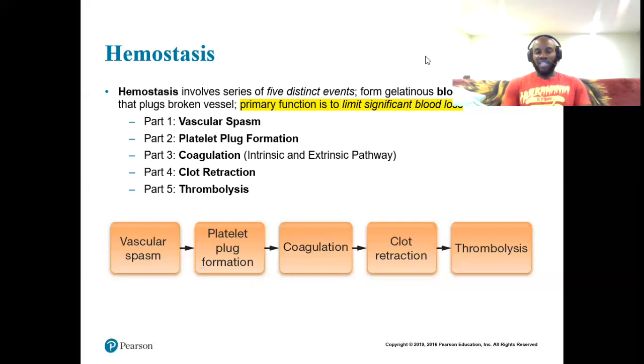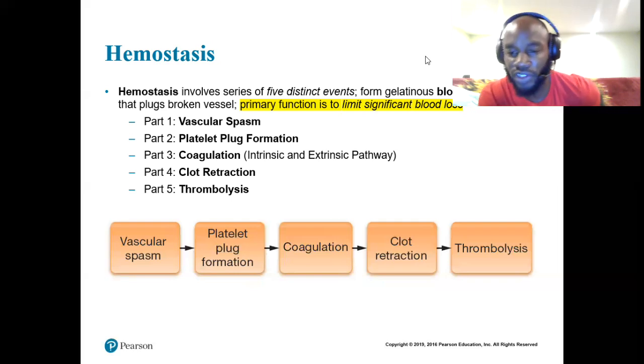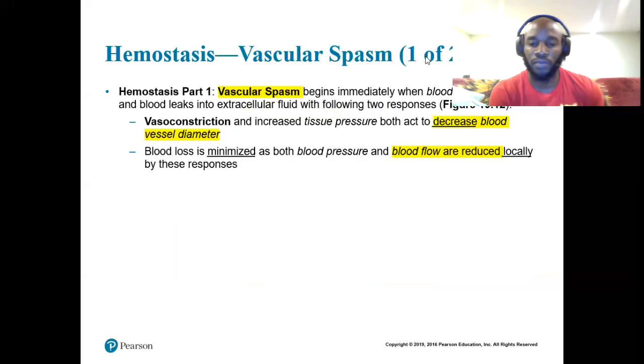Many different ways this can happen. But whenever it does happen, your body does what it is designed to do, and that is to prevent the loss of blood. Right. So these are the steps: vascular spasm, platelet plug formation, coagulation, clot retraction, and thrombolysis.